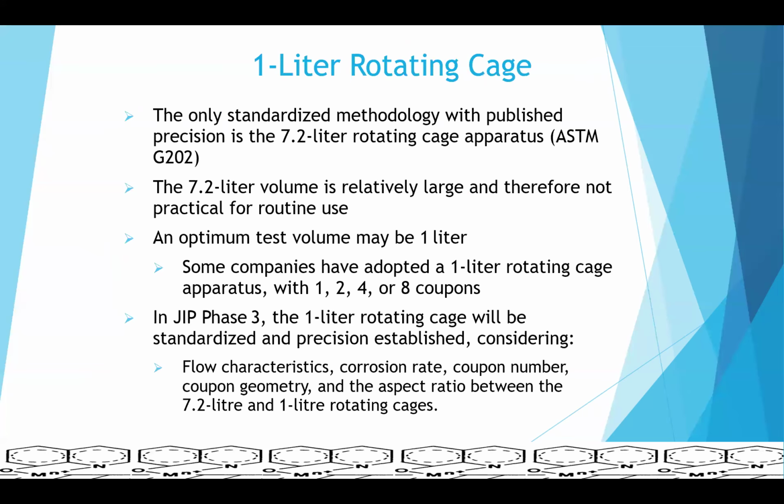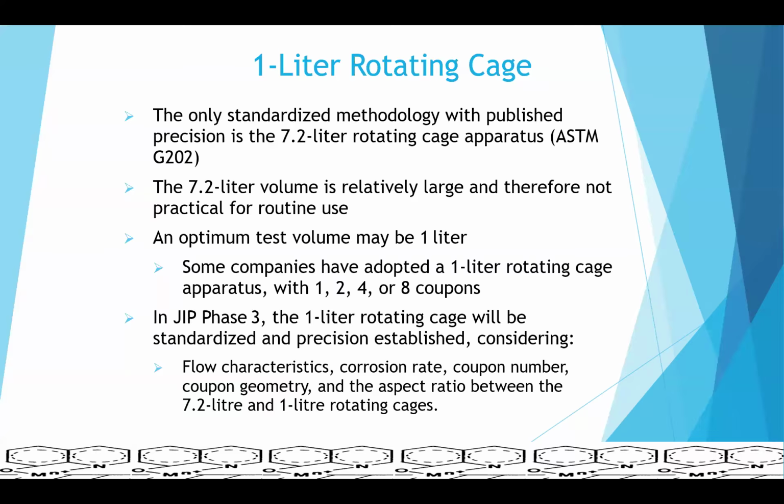Some companies are using 1 liter rotating cage. ASTM, when they coordinated a round-robin test in around 2000, which involved 10 laboratories across the world, many of us are in attendance in this webinar. They used 7.2 liters rotating cage.